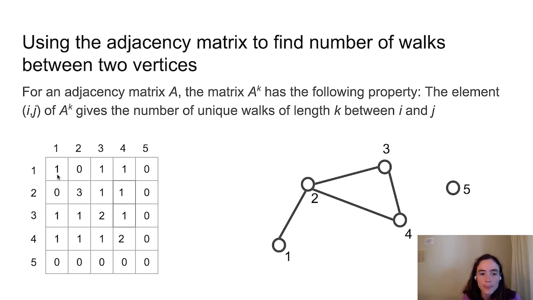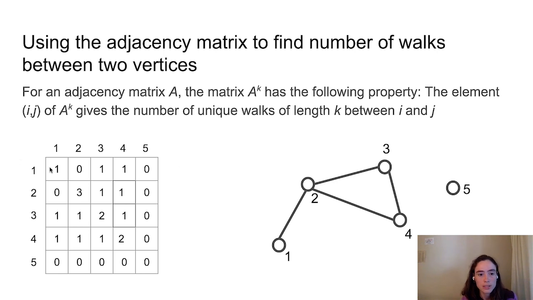How many walks can we find between vertex 1 and itself of length 2? Remember, a walk on a graph is just where we follow edges to connect vertices for some length, and we're allowed to repeat vertices and edges. So if we start at 1, walk to 2, and then walk back to 1, that's a walk of length 2 from vertex 1 to vertex 1, and that's the only one possible of length 2.